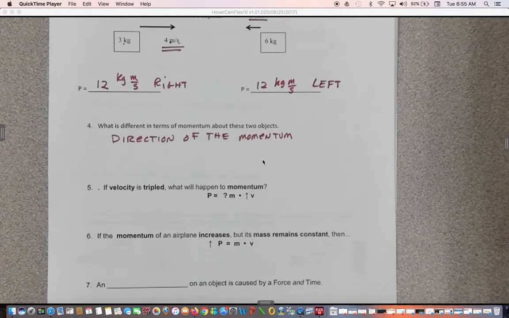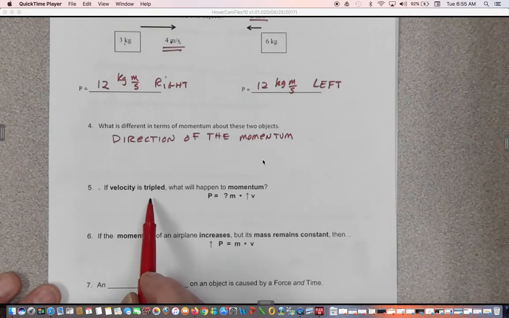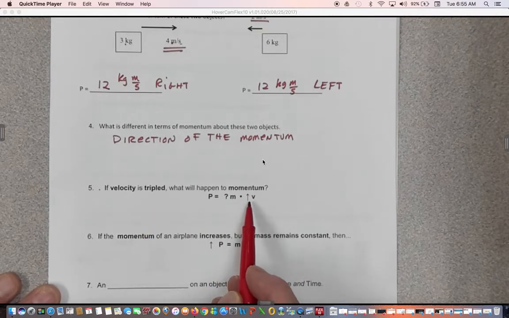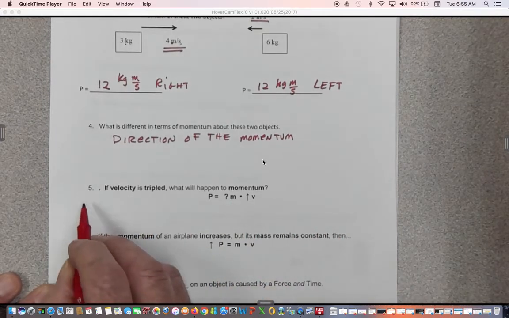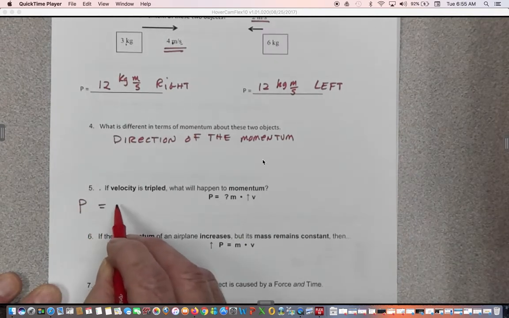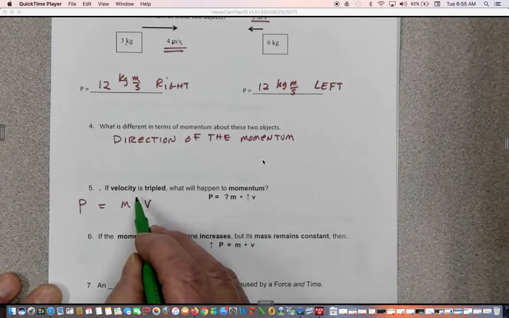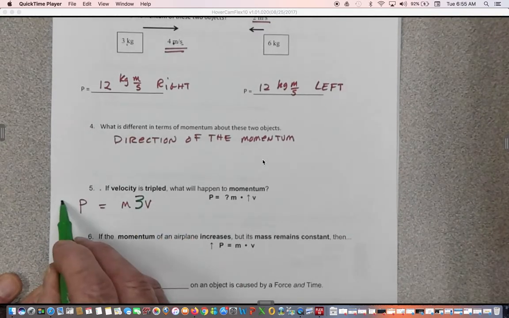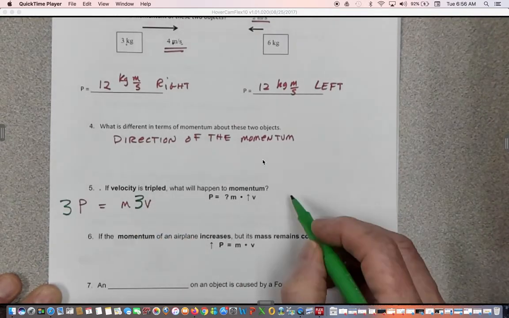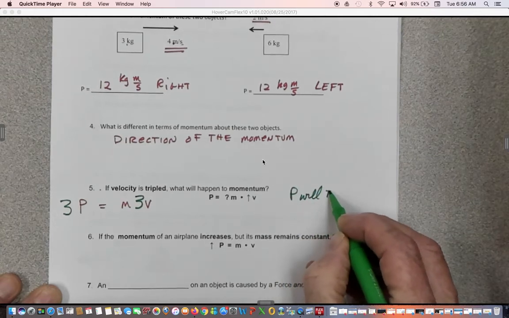Next, I'm assuming you wrote that down. If velocity is tripled, what will happen to momentum? Well, if I write P equals m v, if I triple my velocity, I have to triple my momentum. P will triple.